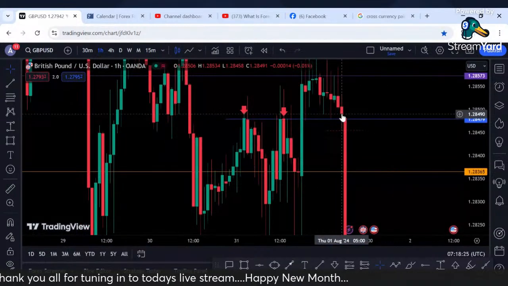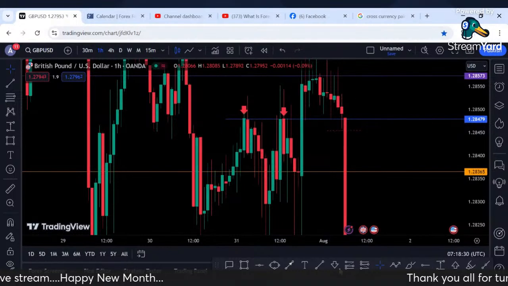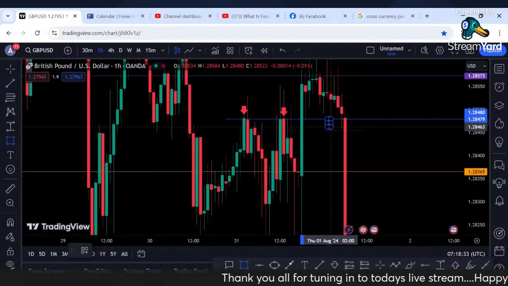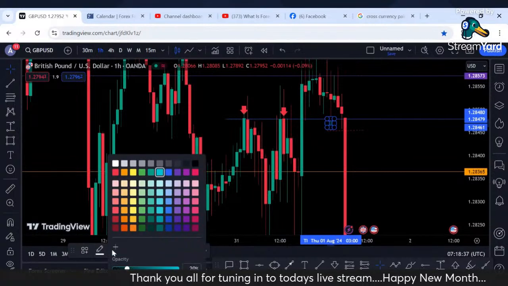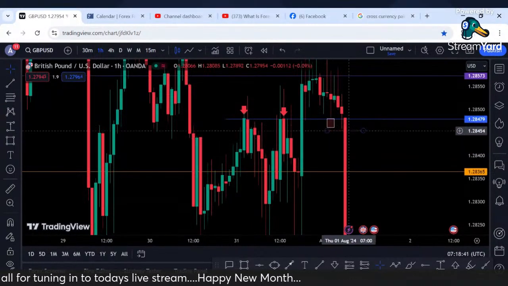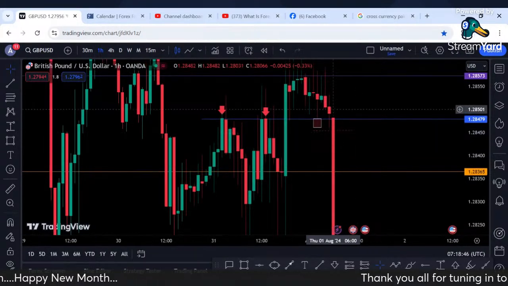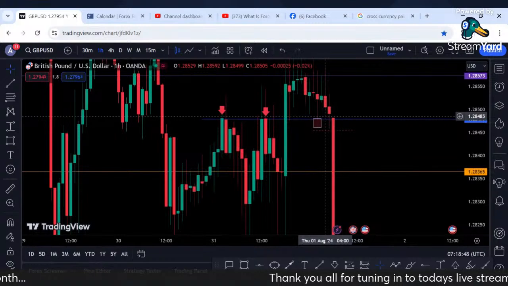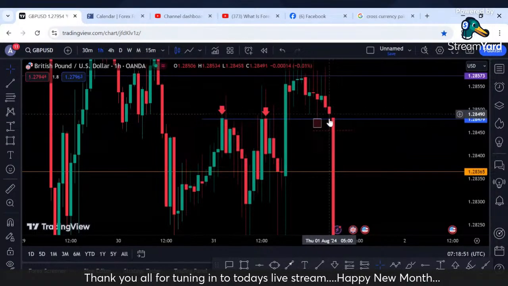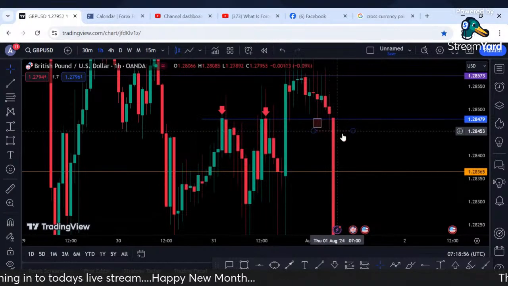But one thing I was expecting was this candle to close beneath this one, because the daily is a downtrend and the H4 is a downtrend. So I was expecting it to close beneath this one, then I'll take the sell. There was volume before around 5, the close of maybe this candle.